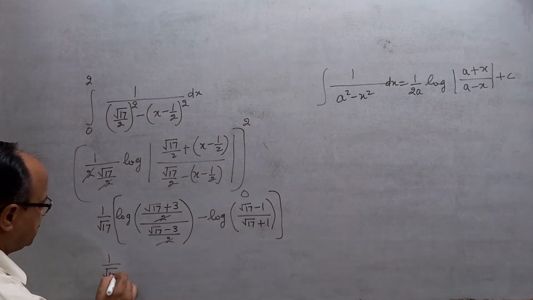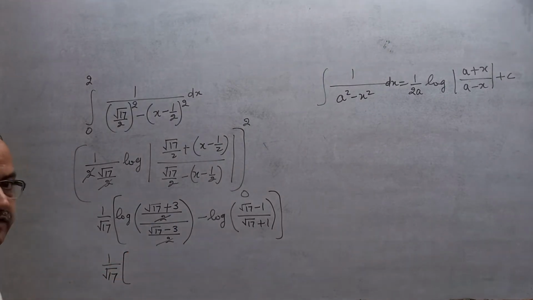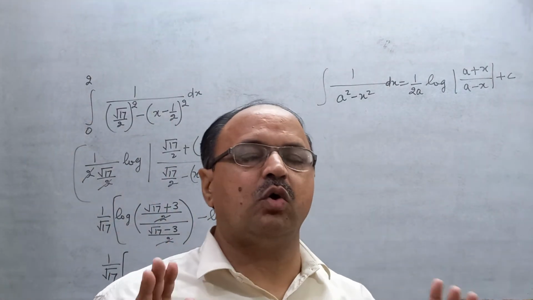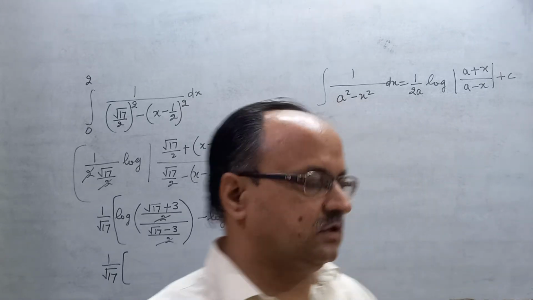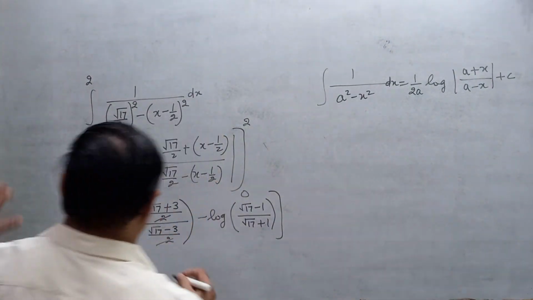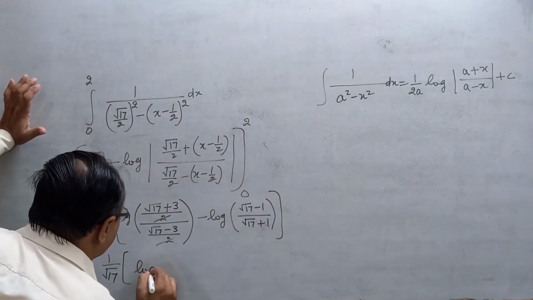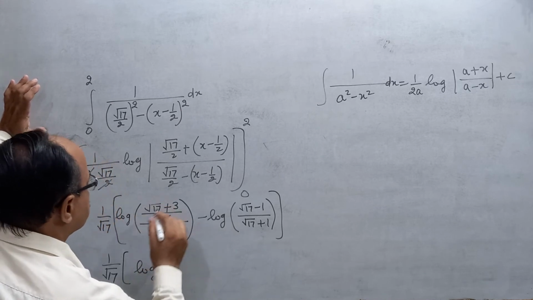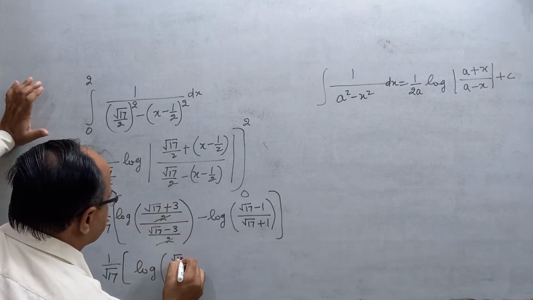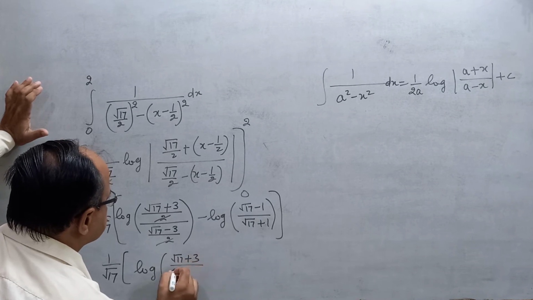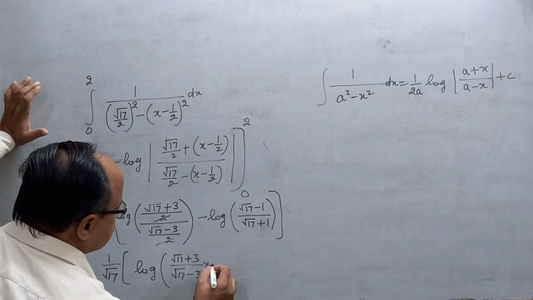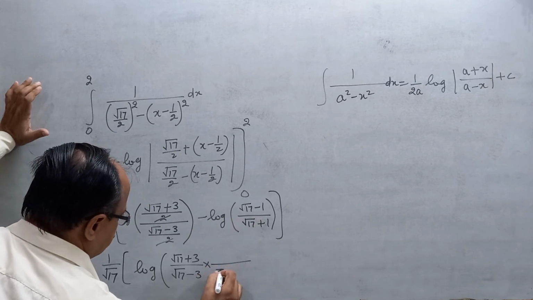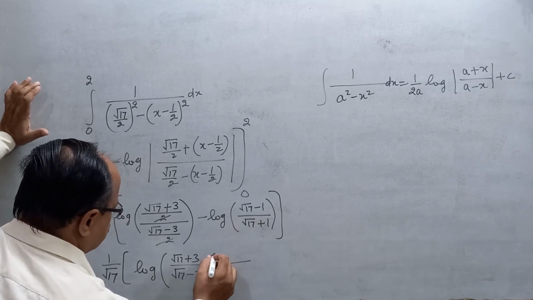1 by root 17. Now can you tell me log m minus log n? That is the property log m by n. Therefore you can say log of root 17 plus 3 upon root 17 minus 3, divided by this, that is root 17 minus 1 upon root 17 plus 1.